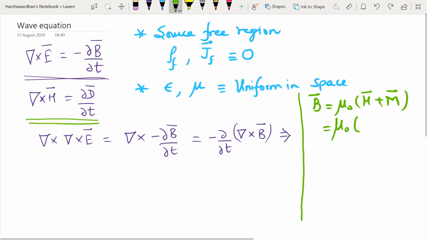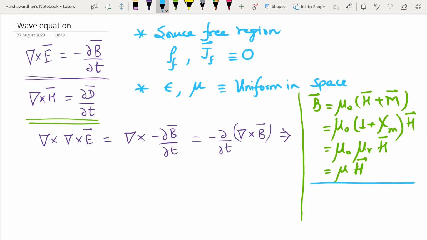For a linear medium, I can write this as 1 plus susceptibility of the magnetic kind, that is chi m, times H, right? And this quantity is what we call as mu relative, or in other words, succinctly, this is just mu times H. This is the first aside.